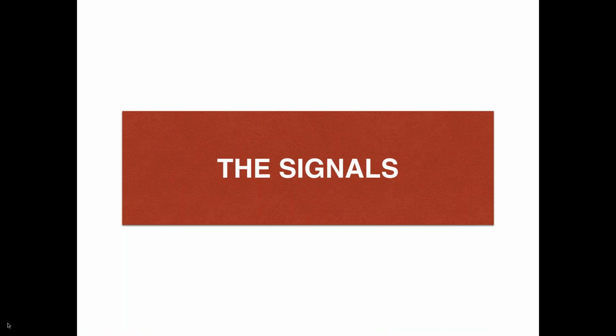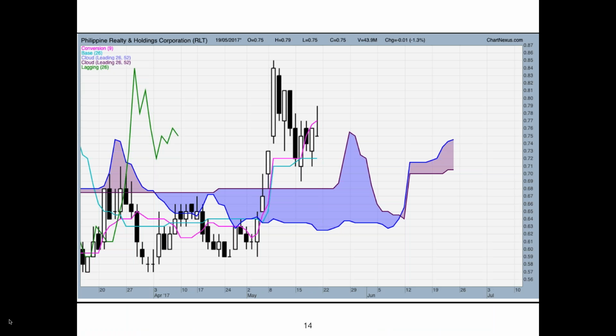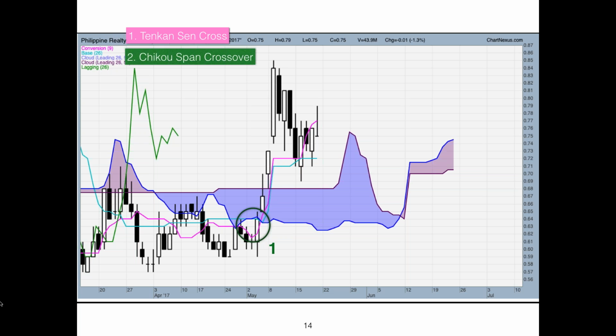So what signals do these components provide? This is the chart for RLT. The Ichimoku components all made bullish crossovers. First, you find the bullish Tenkan-sen crossover above the Kijun-sen. Next, you find a Chikou span crossover, where the Chikou span crossed above the price.